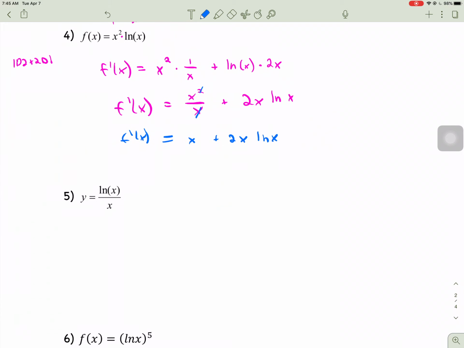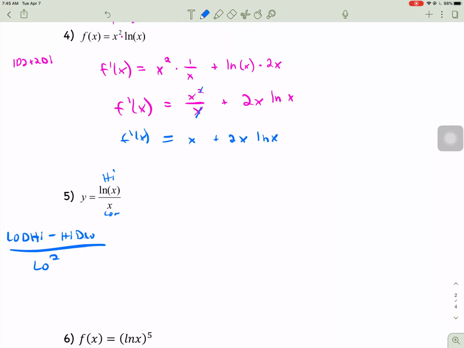Quotient rule. All right, nice easy denominator though. So that's low d high minus high d low over low squared. Right? Here's high, here's low.